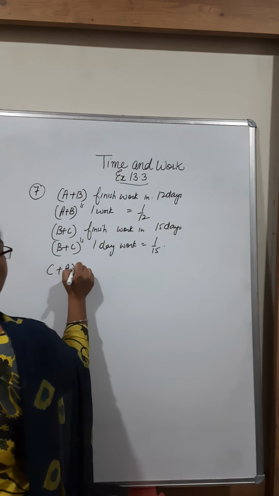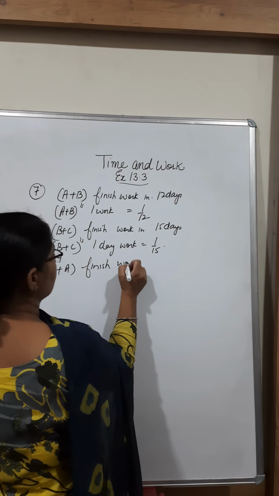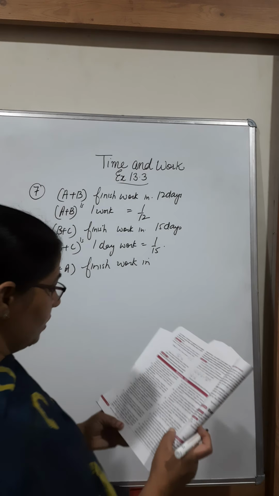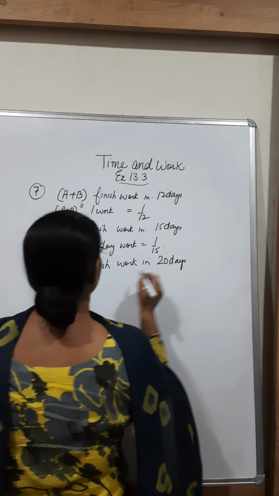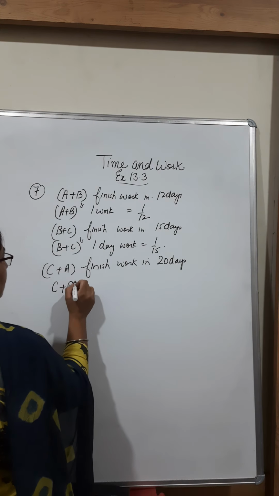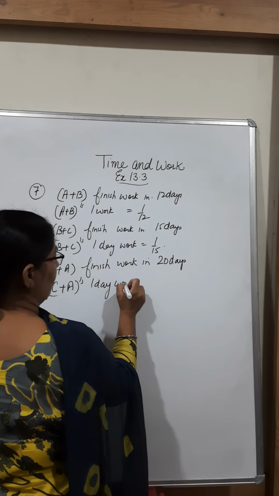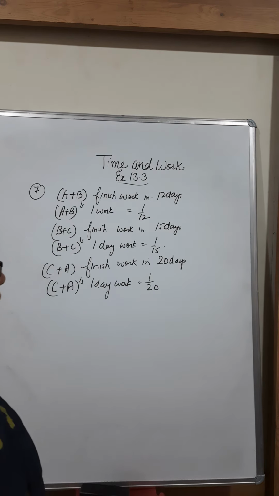C plus A finish the work in 20 days. So C plus A's 1 day work is equal to 1 by 20. So now just see beta.